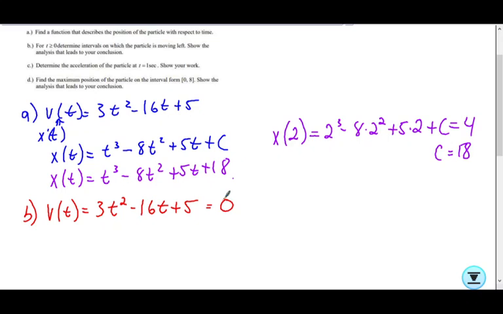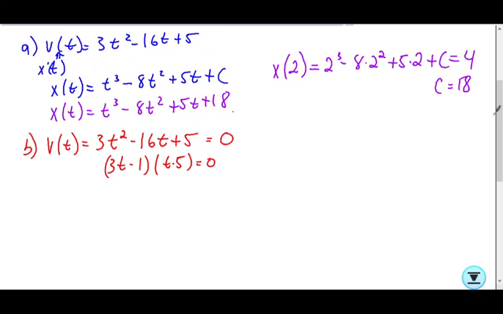So this factors as 3t minus 1 and t minus 5 equals 0. So my zeros, when t is 1/3 and t equals 5, that's when my particle is standing still. When velocity is 0, we're not moving.